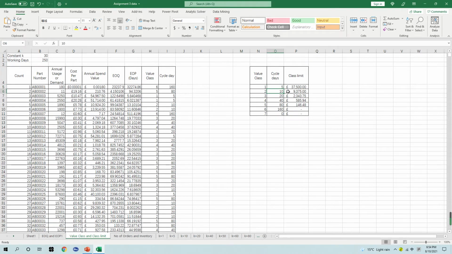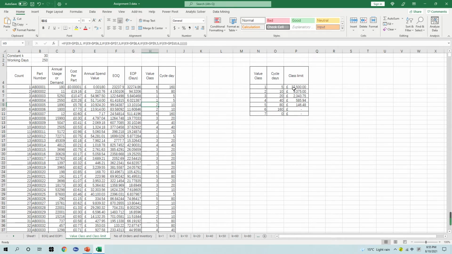A quick example for class value: if we look at this annual spending value, if it is over 37,500, then it will be classified as value class 1. If it is between 37,500 and 9,375, that will be classified as value class 2, and so on and so forth for the following ones.